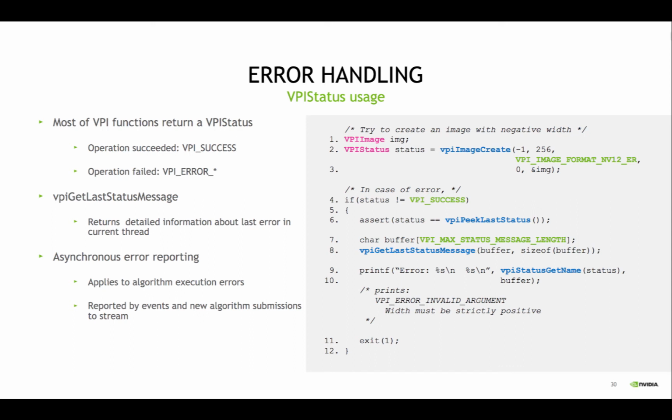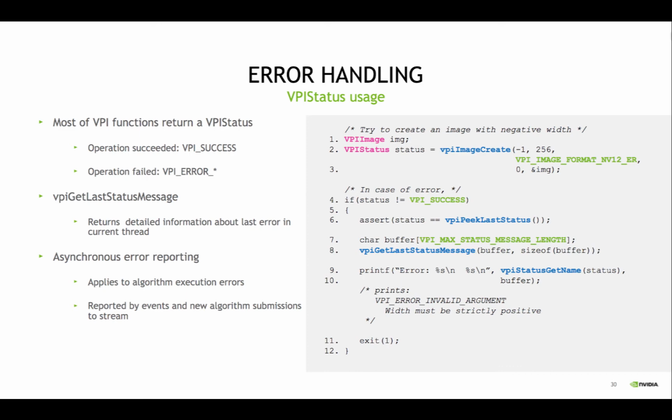Functions like VPI get last status message, or VPI get last status, or even VPI peek last status work on the status reported by the last VPI function executed by the calling thread. The functions that start with VPI get last status will return it and reset the internal status value associated with the calling thread.